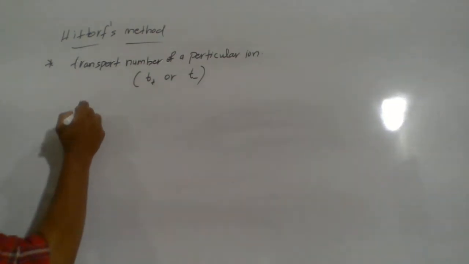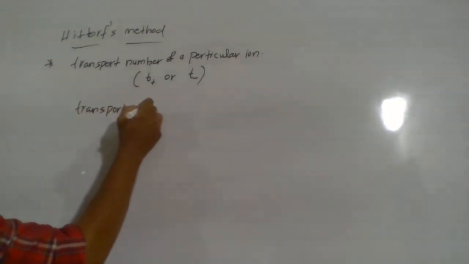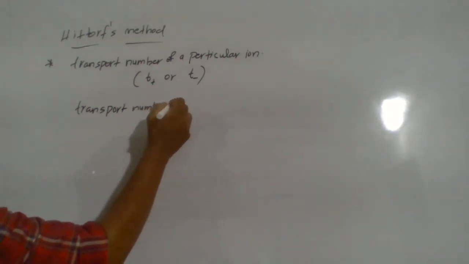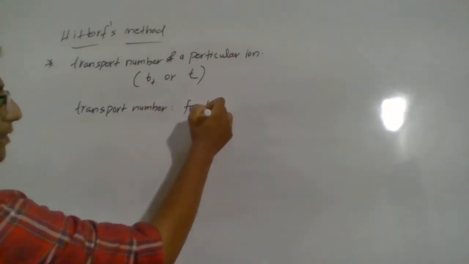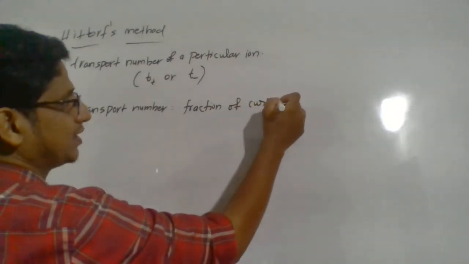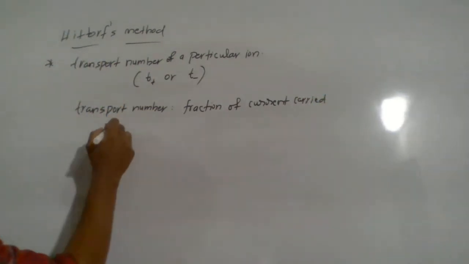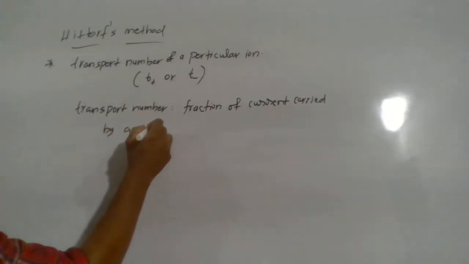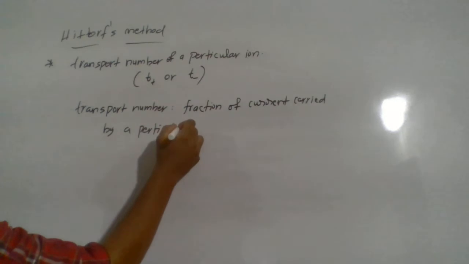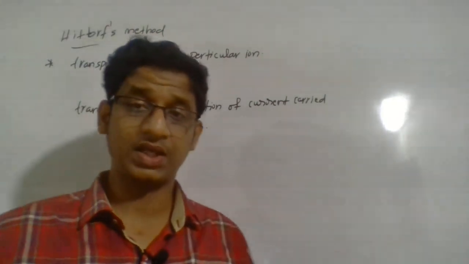Transport number is the fraction of current carried by a particular ion. That we call transport number. You can express transport number independently for cations and anions.